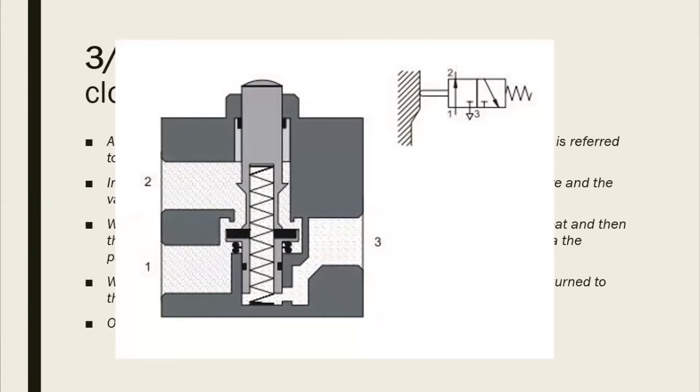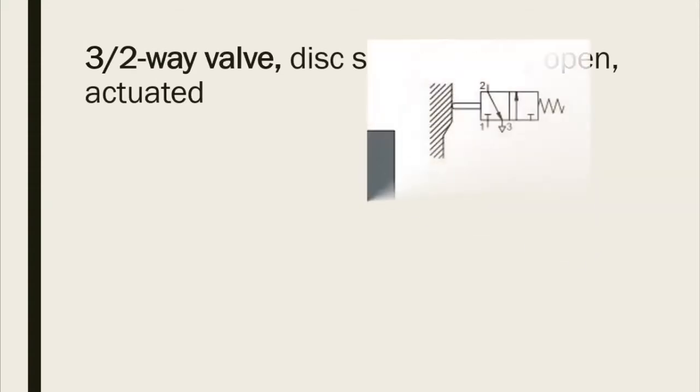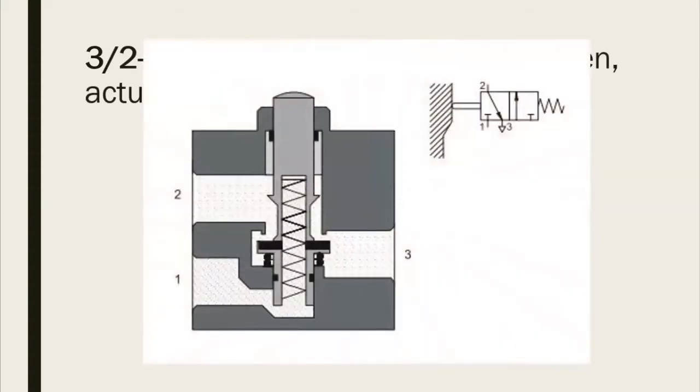So this is the three two-way valve disc seat normally open unactuated, and three two-way valve disc seat normally open actuated. In circuit diagram, controlling a single acting cylinder.